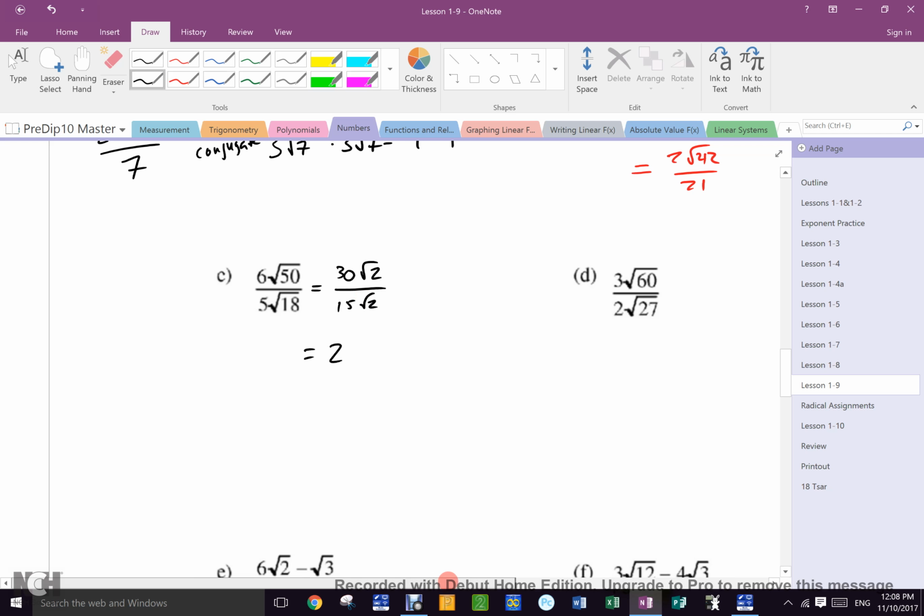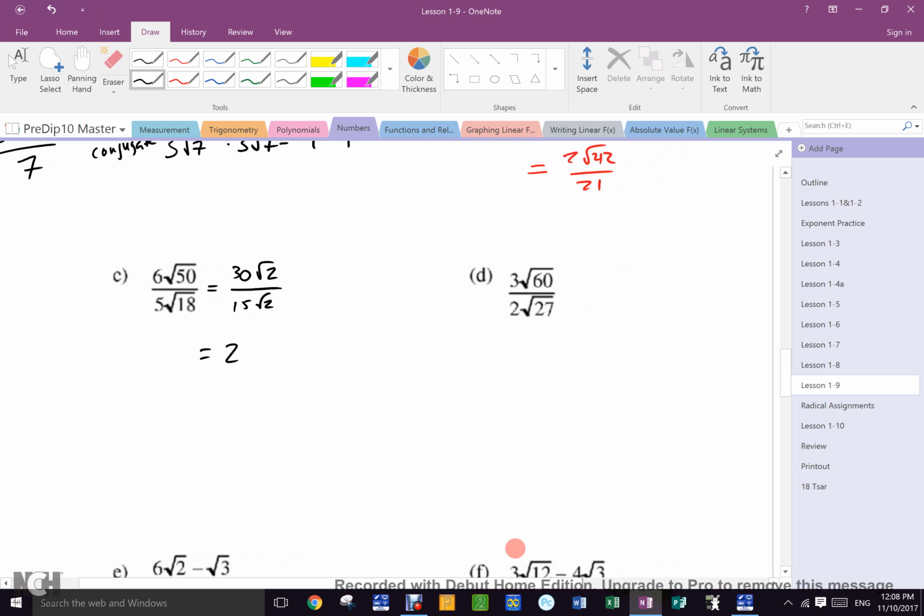So what are you going to do with D? You're going to simplify first? So what is 60? That's 4 and 15, yes? So what comes out? So it's 6 root 15, yes?